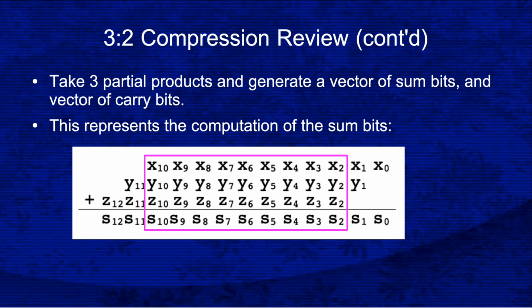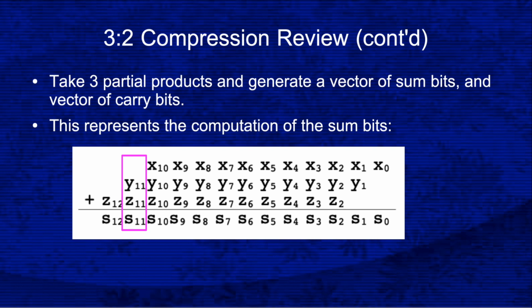For bits 2 through 10 of the sum, there are corresponding bits in the partial products X, Y, and Z. For these bits, we need a full adder. At this point, we have consumed all of the bits in partial product X. We have bits Y11 and Z11, and we treat X11 as 0, so we only need a half adder to compute the value of bit S11.